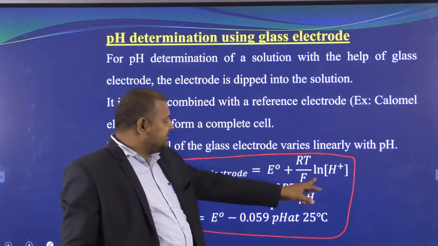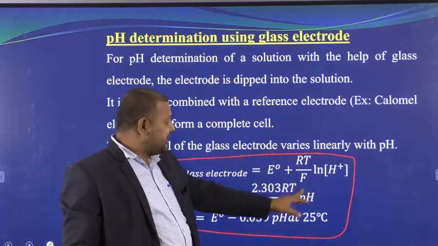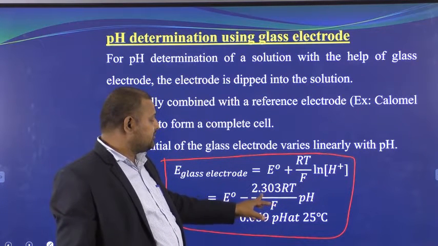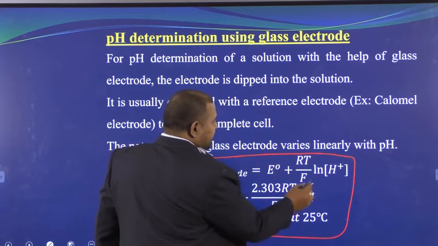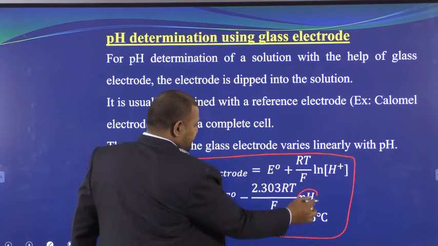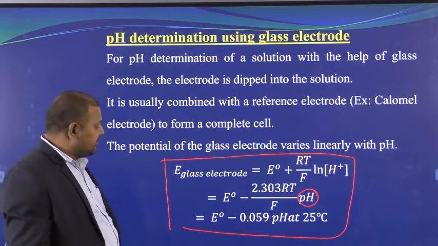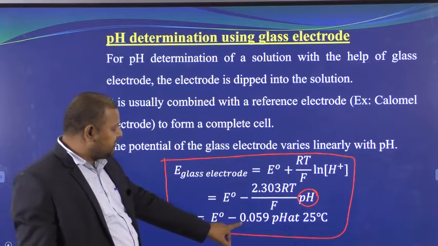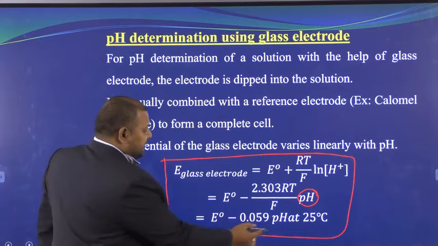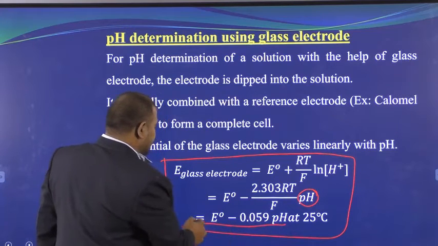You can write ln, natural logarithm, converted into log with 2.303. The negative logarithm of H plus ions is called the pH of the solution. So I want to know the pH now: E0 minus 0.059 into pH. This is what we are going to use.